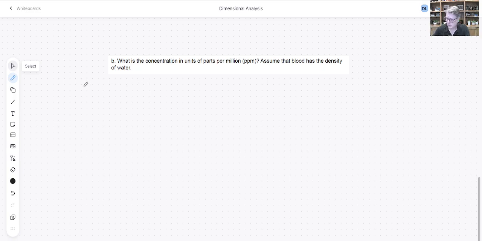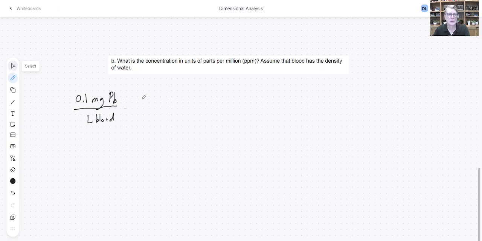So let's get started. We begin with the concentration of 0.1 milligram of lead per liter of blood.